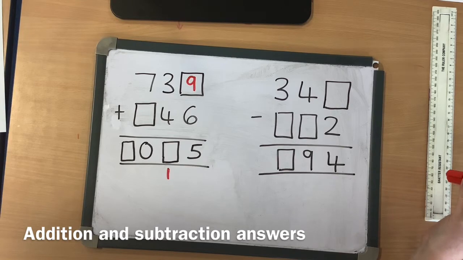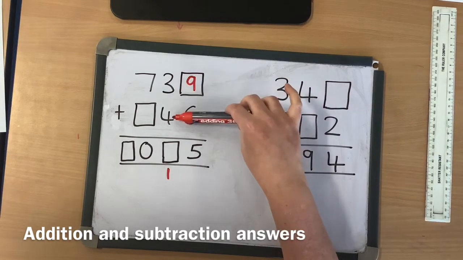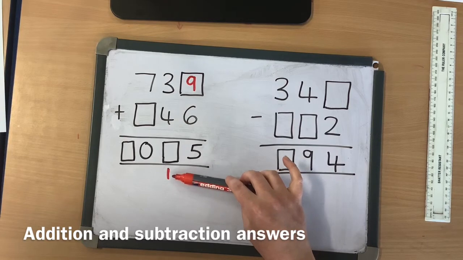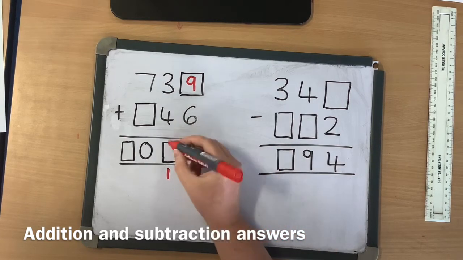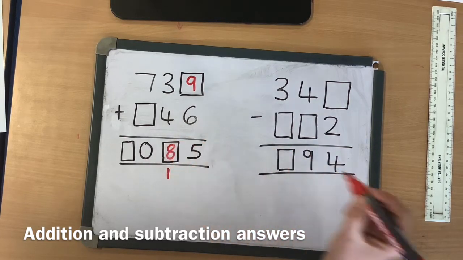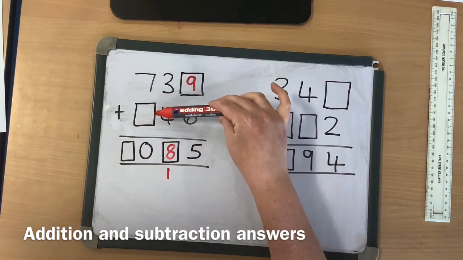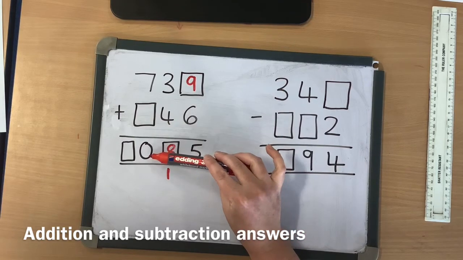Then looking at my tens, I've got 3 tens, add 4 tens, which is 7 tens, but now I've got this regrouped tens as well, so that will be 8 tens there. And then finally, I've got 700s plus something equals 0 hundreds.